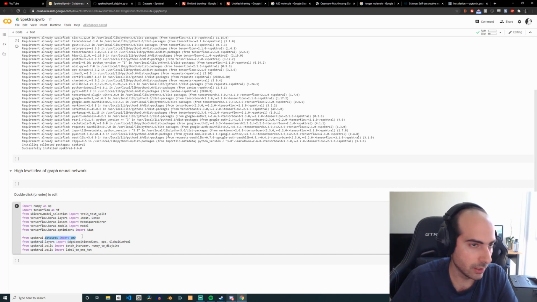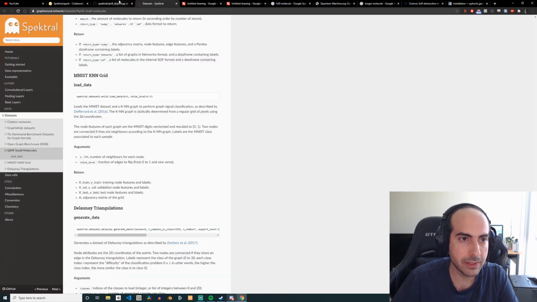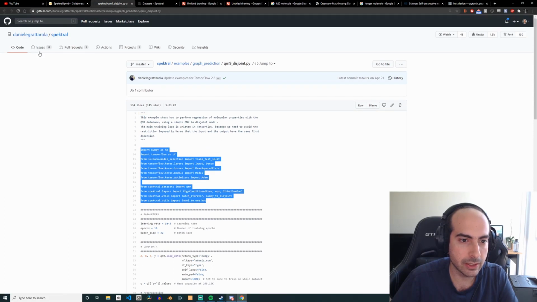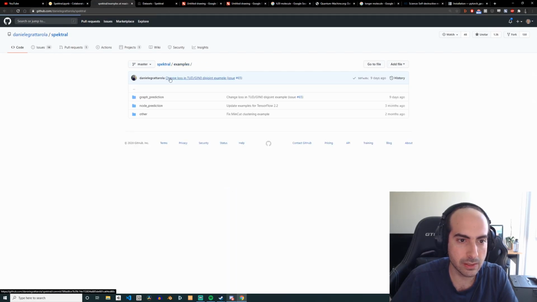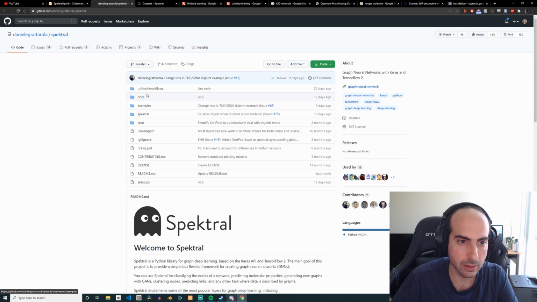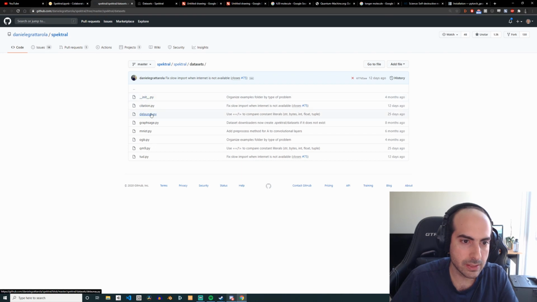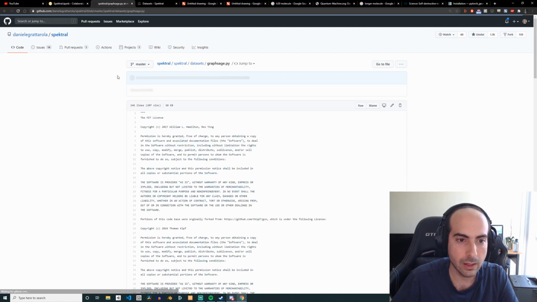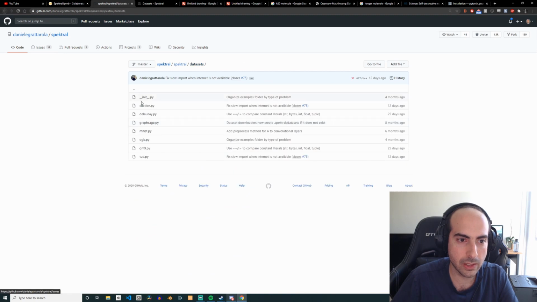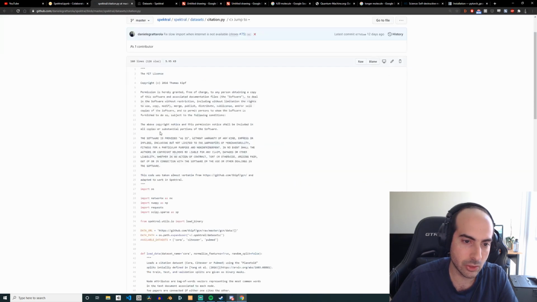One thing I really like about the Spektral library is that it comes with a bunch of data sets by default. Let's see where they would be. Yeah, datasets. So we see there's QM9, there's MNIST, there's some citation databases.